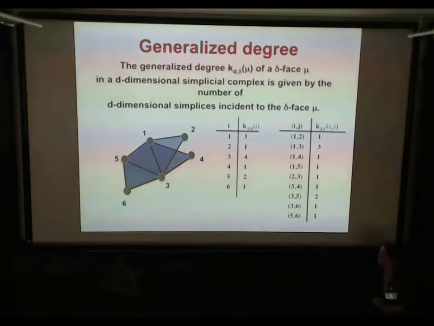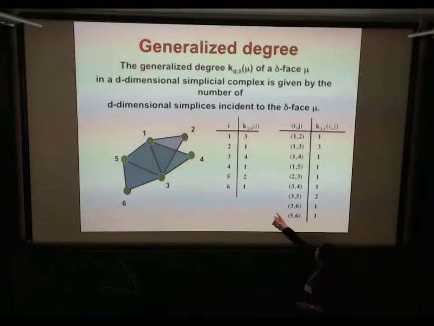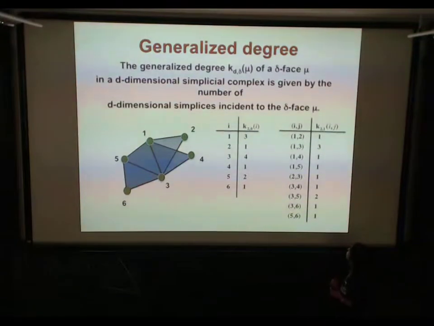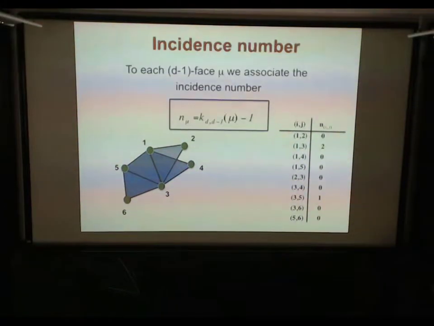So for instance, here the link 1,3 will have a generalized degree 3 because there are 3 triangles incident to it. The node 3 has generalized degree 4 because there are 4 triangles incident to it. Then we define an auxiliary quantity for (d-1)-faces, which is the generalized degree minus 1.